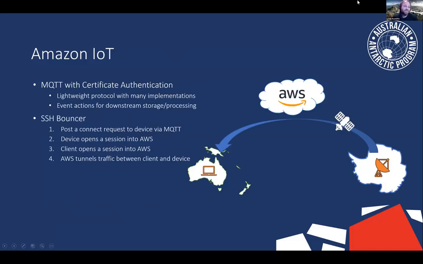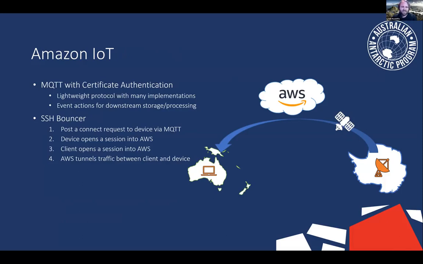For our ARTEMIS system, we use Amazon IoT, which is a pretty comprehensive offering from Amazon. It's fundamentally an MQTT system, basically, with certificate authentication, which is a fairly lightweight IoT protocol. It's in pretty wide use around the world.